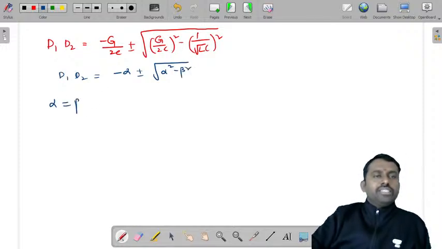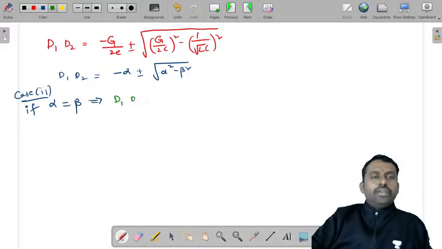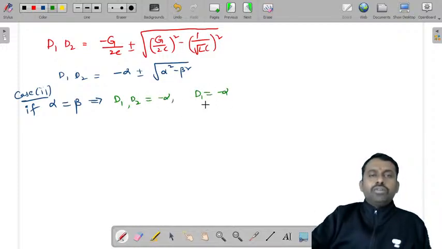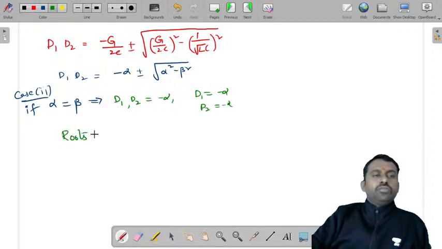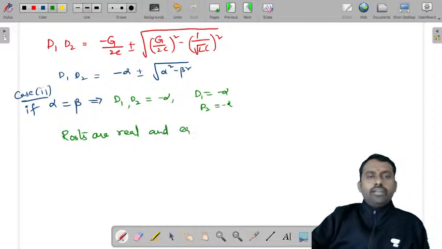Now if alpha is equal to beta, what will happen? D1 comma D2 will be equal to minus alpha. That means D1 is equal to minus alpha, D2 is also equal to minus alpha. So the roots are real and equal.